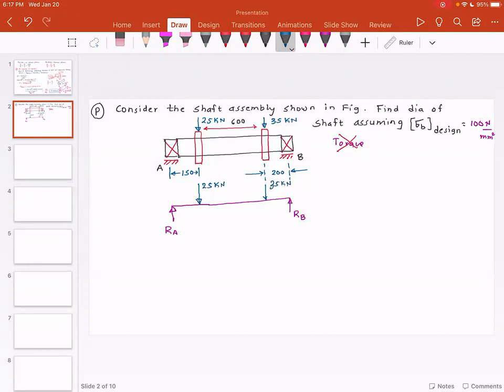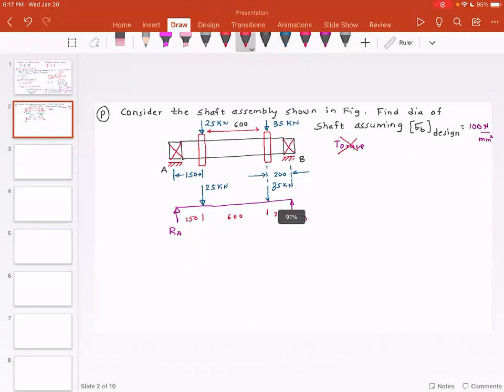This is how the loading diagram will look. Let me write these dimensions down: this is 150, this is 600, this is 200. Based on these dimensions, I need to find the reactions RA and RB.